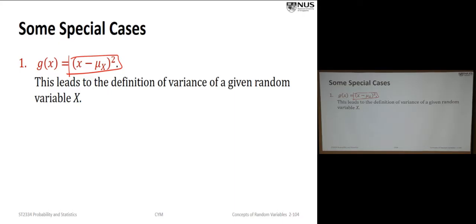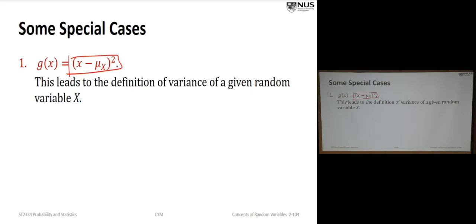And then the difference, we square it. Now squaring has two characteristics that I would like to mention here. First of all, when you square it, it doesn't matter whether x is bigger than mu x or x is less than mu x.